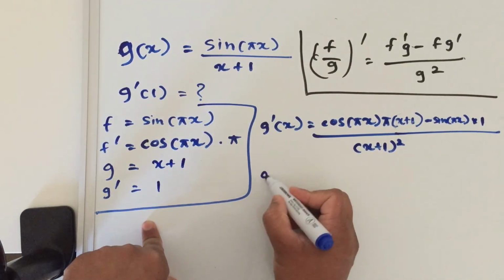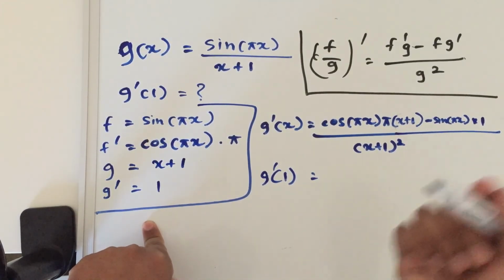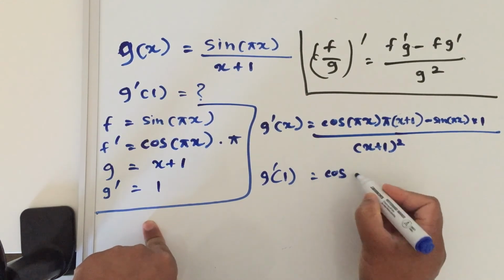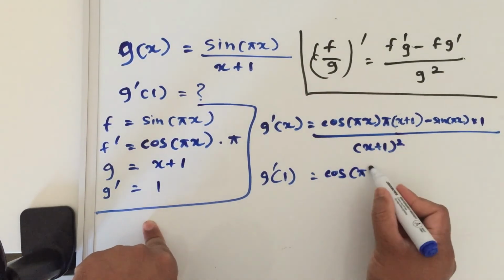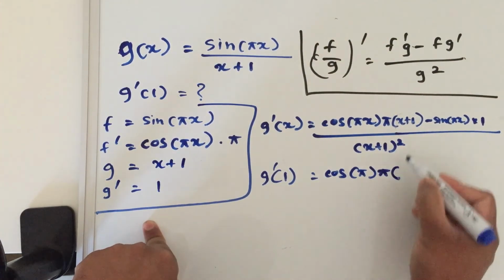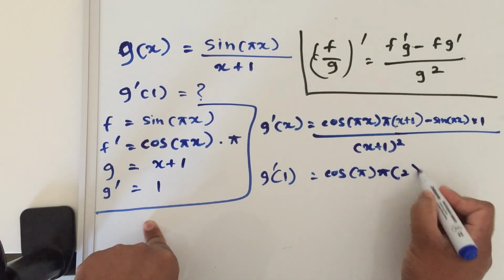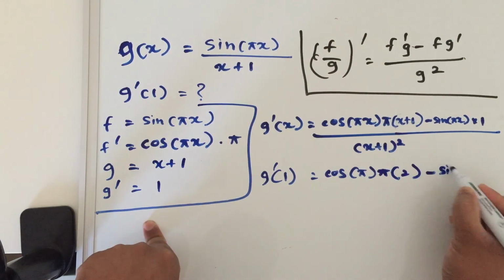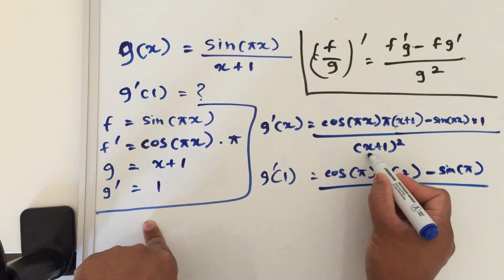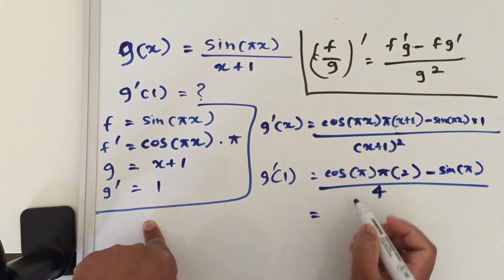So they want us to find at 1, right? So we have to put 1 in every place where we see an x. Cosine pi times 1 is pi, and x is 1, so 1 plus 1 is 2, minus sine pi, divided by x is 1, 1 plus 1 is 2, so 2 squared is 4.